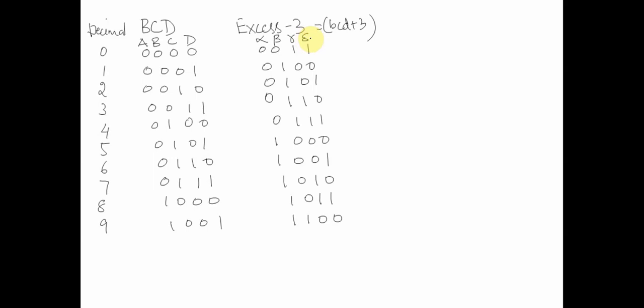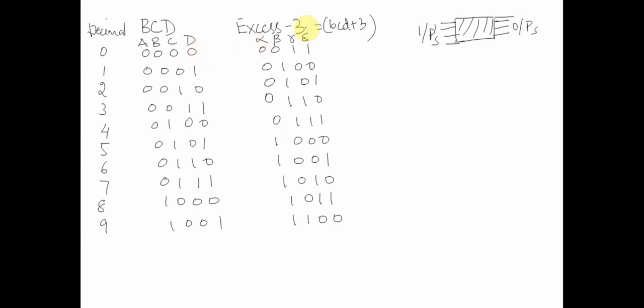So can I draw a combinational circuit? If you remember, in the beginning we spoke about a combinational circuit as a black box, with a set of inputs and a set of outputs. Now in this case, we have a set of 4 inputs and we want a set of 4 outputs, and we want to implement a logic that converts a BCD number into an XS3, so basically adds 3 to BCD numbers and gives an output. How do we do that?